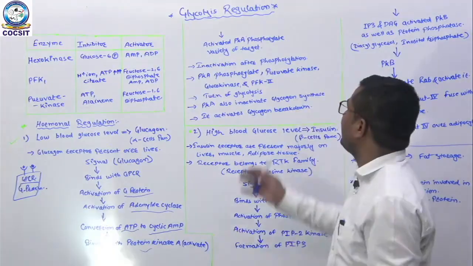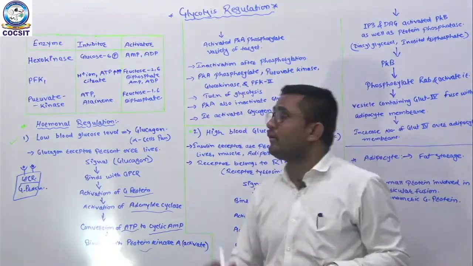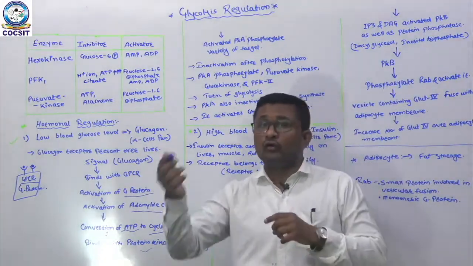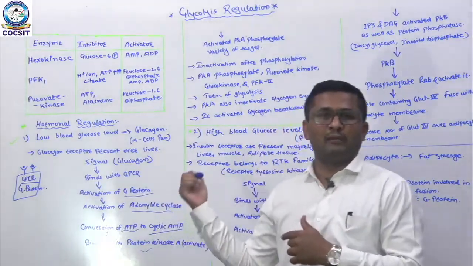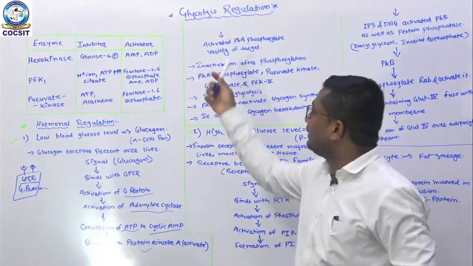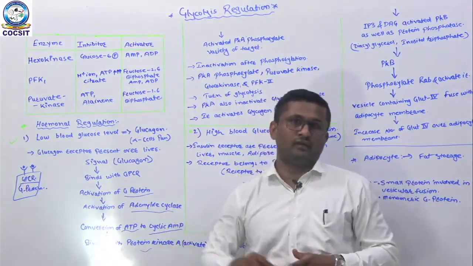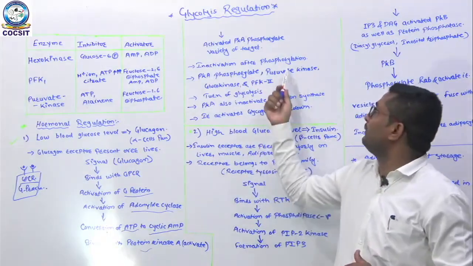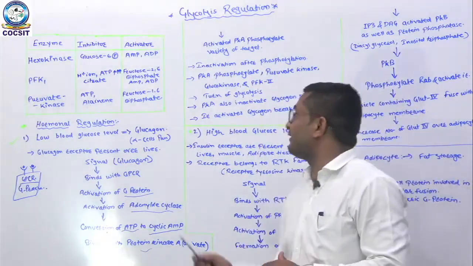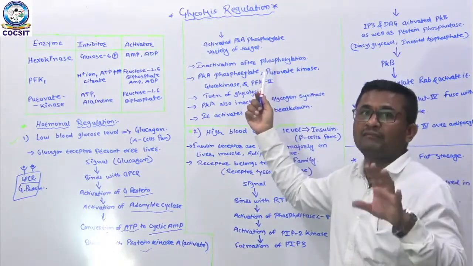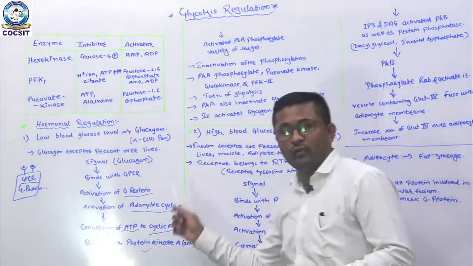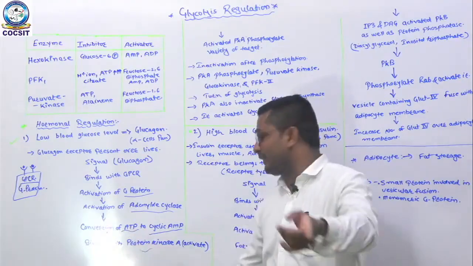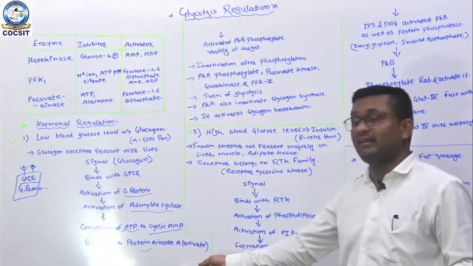For example, phosphorylation of glucokinase or pyruvate kinase will inactivate them. So inactivation will occur after the phosphorylation, and this phosphorylation is due to the inorganic phosphate released from the ATP, which activated protein kinase A.